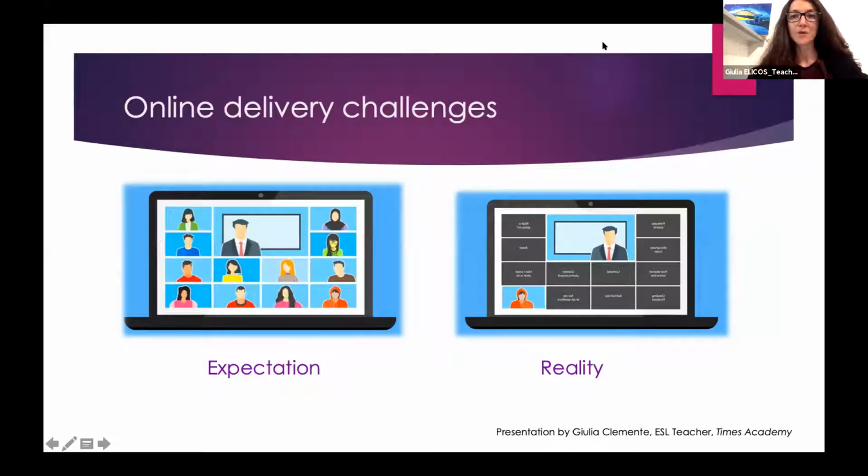And also my expectations in regard to students turning their cameras on and reality, because many of my students wouldn't turn their cameras on for personal reasons, which I completely respect, but that added an extra layer of complexity because I didn't even have facial expressions anymore.